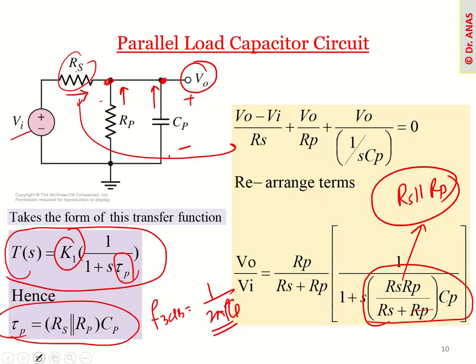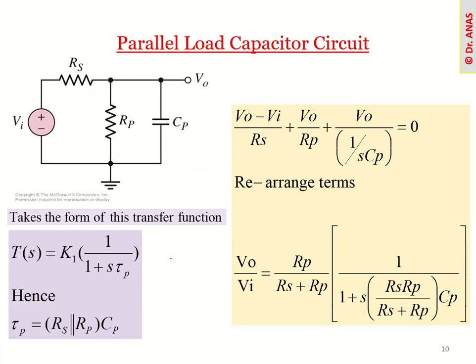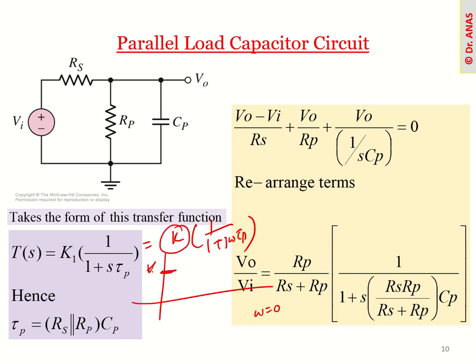Now if you look at this transfer function and try to plot it, we can write it as k times 1 over 1 plus j omega times the time constant. Now if the frequency is 0, we will get a constant, maximum value k.